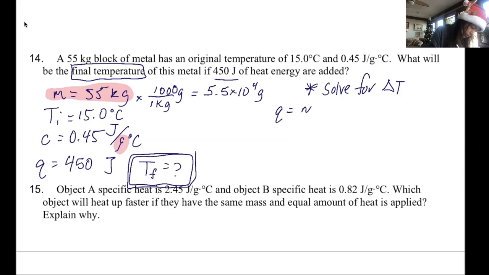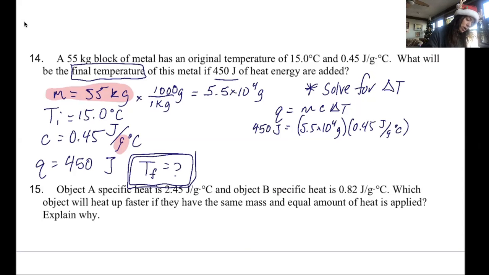Q equals MC delta T. Q is provided at 450 joules, equals the mass, which is the 5.5 times 10 to the 4th grams, times specific heat, provided at 0.45 joules per gram degrees Celsius. And we are going to solve for our change in temp.